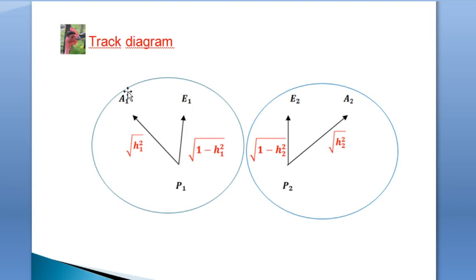Phenotype 1 is equal to genetic effect plus environmental effect 1. We represent the formula of each effect. Here we have the formula of genetic effect 1, and here we have the formula of environmental effect 1, or effect of the environment 1. Now we do the same for phenotype 2.